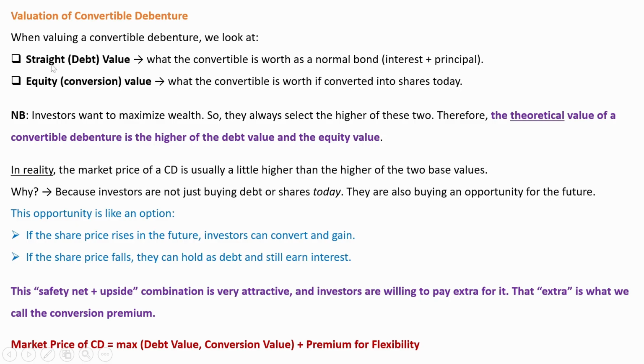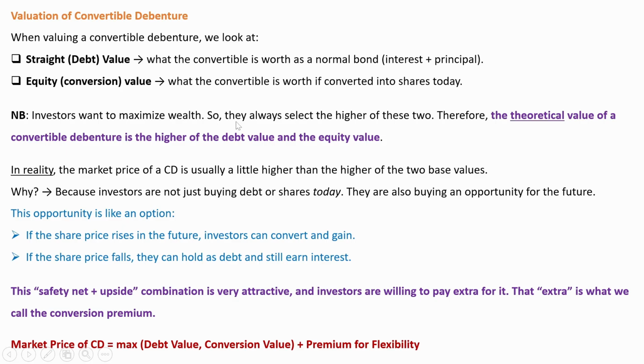So you are supposed to calculate the two. The debenture value as a debt, the equity value if the debenture is to be converted today. Compare the two. If you are the investor, how would you decide whether to convert into equity or to keep the debt? So remember that investors want to maximize wealth.